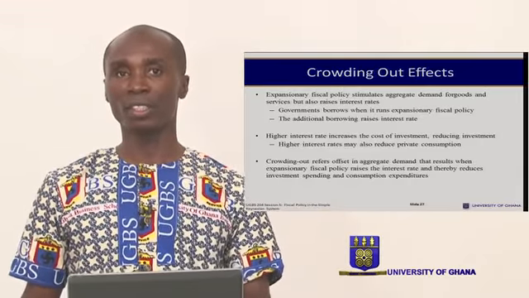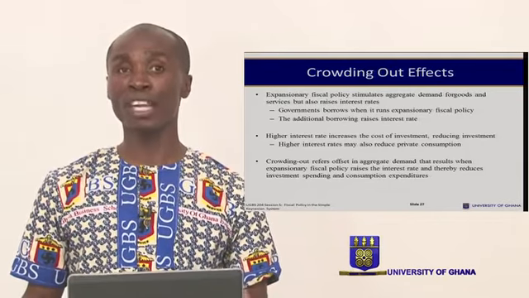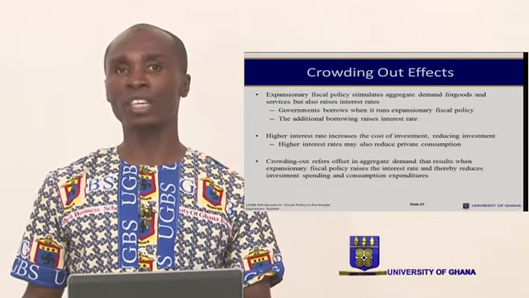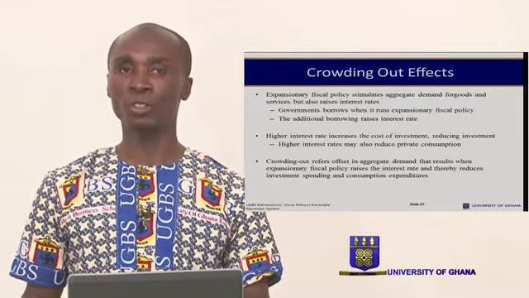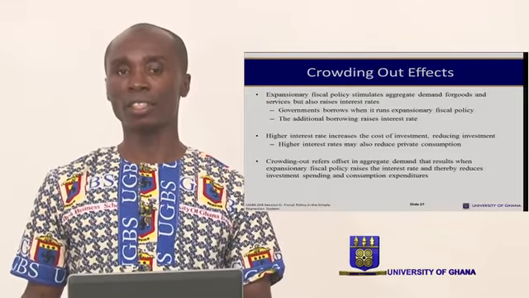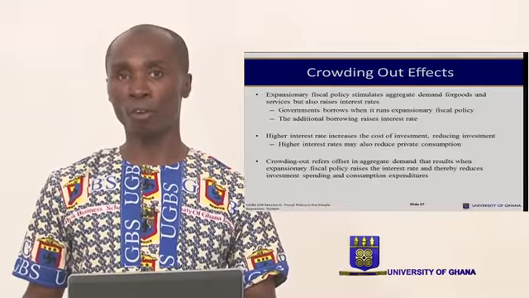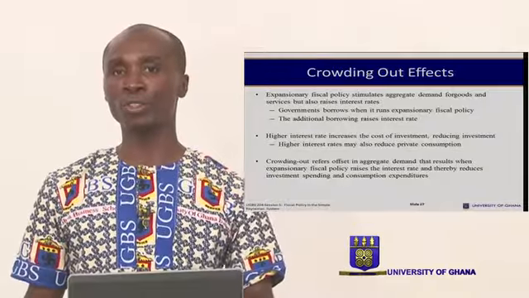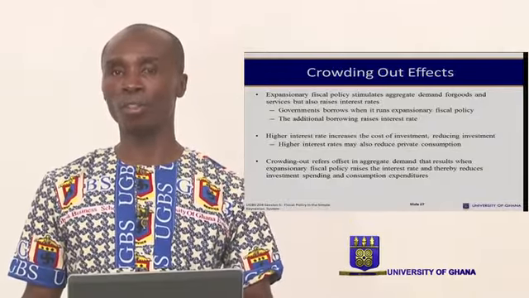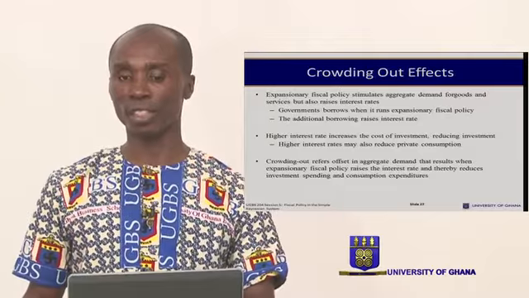Expansionary fiscal policy, or fiscal loosening, occurs when the government increases its spending and or reduces its taxes. Contractionary fiscal policy, or fiscal tightening, occurs when the government tries to reduce its spending or increase its tax collection.